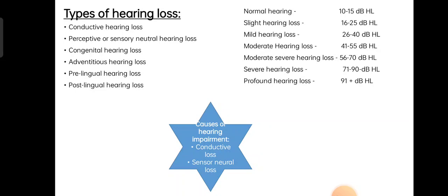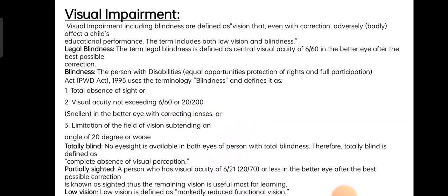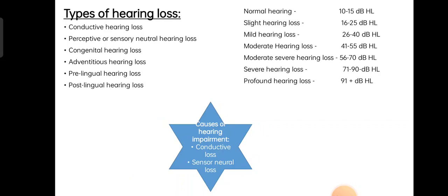So what are the challenges? Before going to visual impairment, we will see what challenges they face. The first very important thing is language. They have delayed language development with unclear speech and incorrect pronunciation.